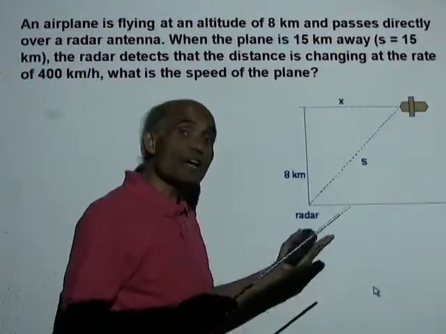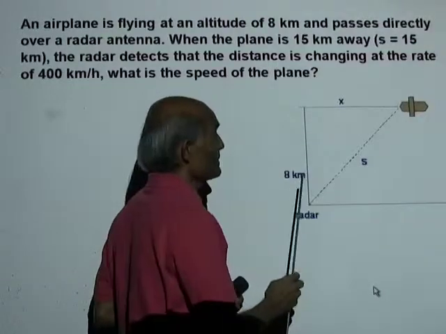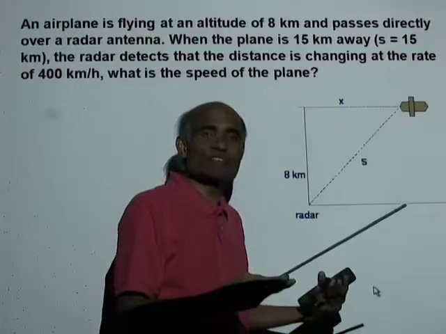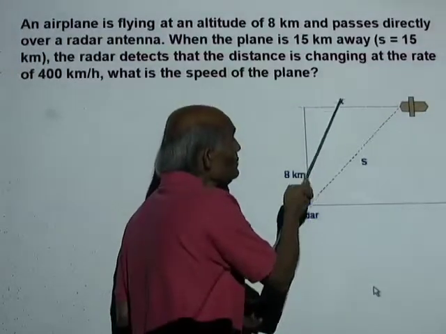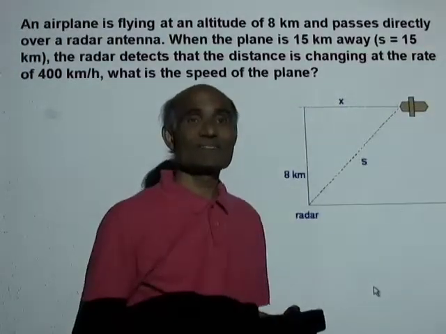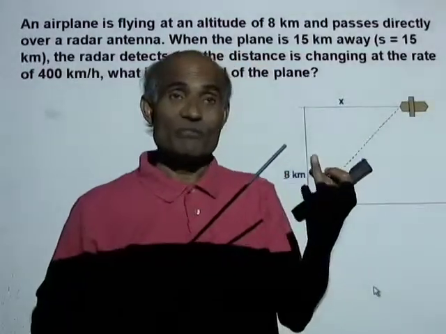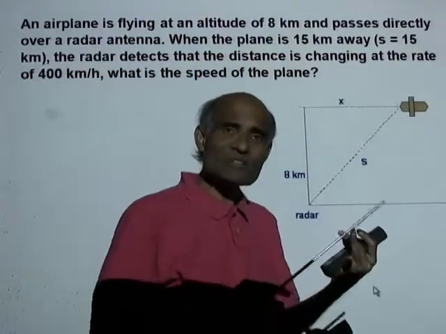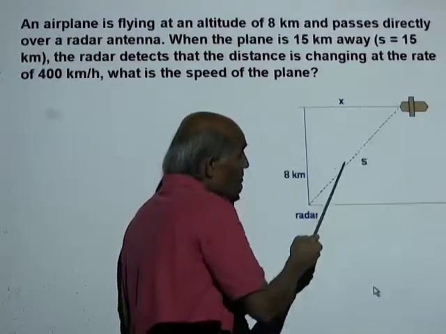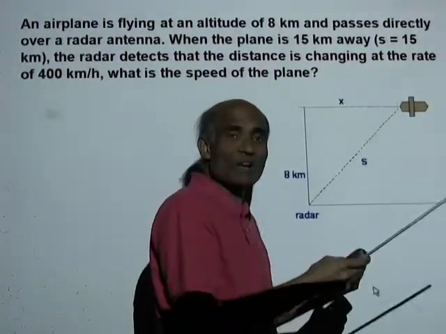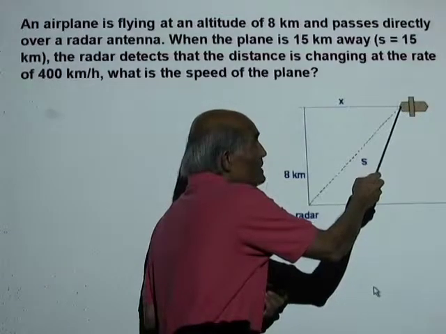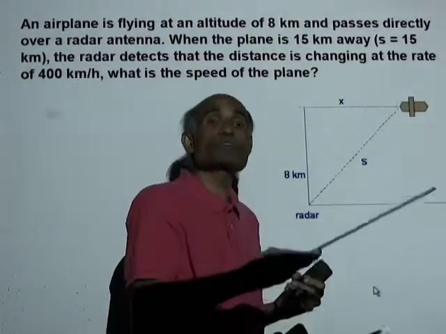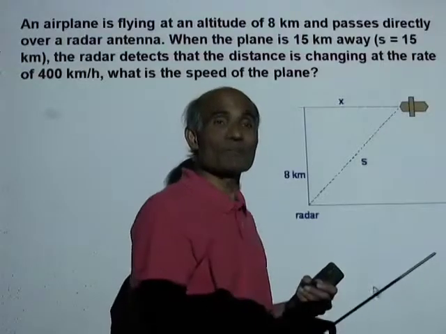Well, you notice in the diagram that there is something in geometry that establishes a relation between x and s. We need to find dx by dt at the instant when the value of s is 15 kilometers and the rate of change of s with respect to time is 400 kilometers per hour.